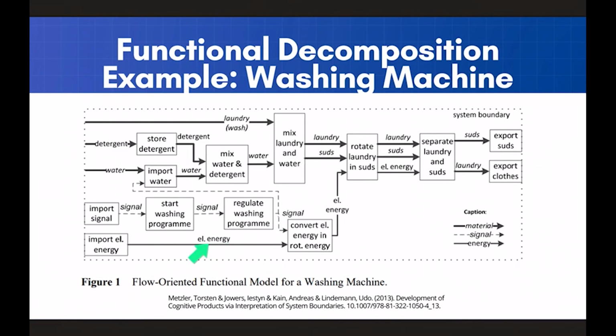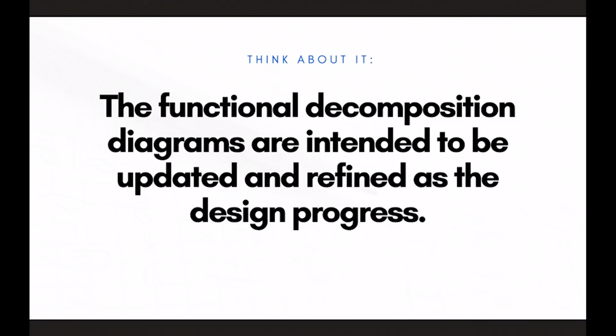The energy we symbolize as a thin straight line. For example, from input electrical energy into converting electrical energy to rotational energy, there is a flow of energy here. And then from convert electrical energy into rotational energy, the energy will go into rotate laundry inserts. So basically, this is the example of washing machine functional decomposition.